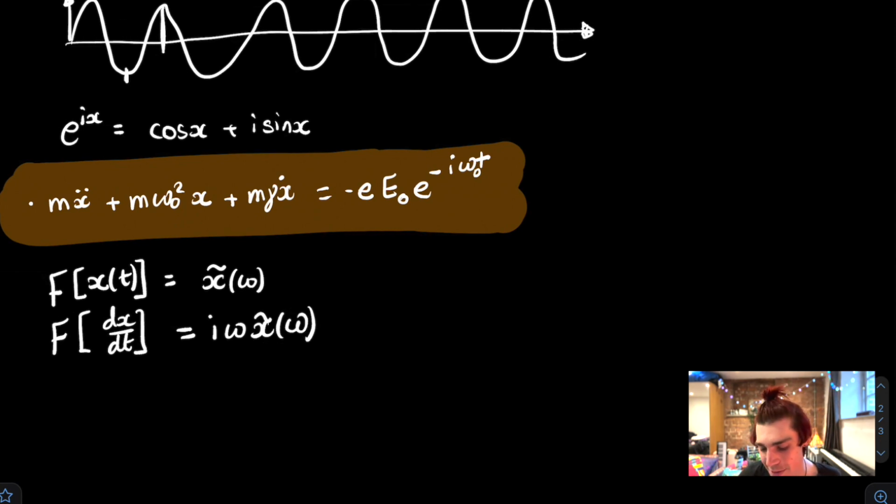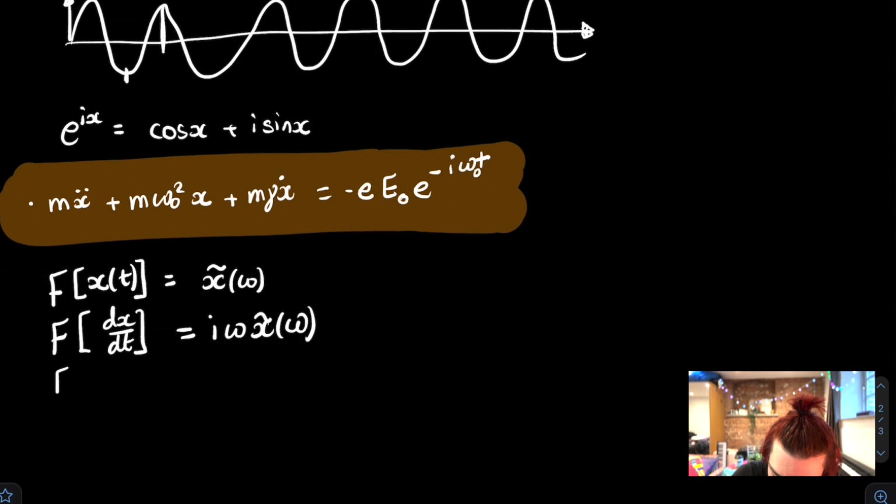And this is the property that enables us to solve this differential equation so easily, because we simply get various factors of i omega out when we take a Fourier transform of our function.